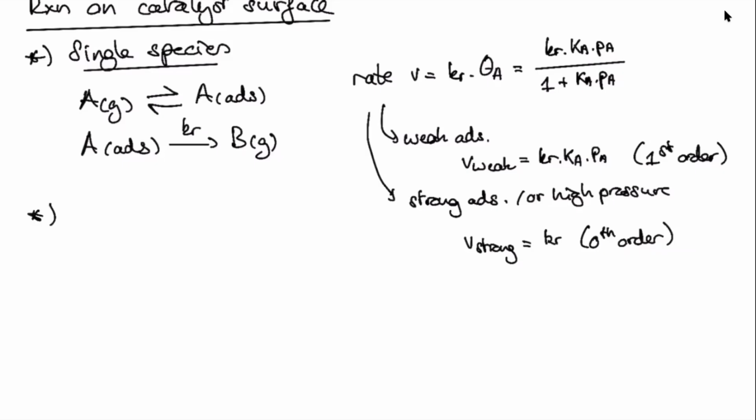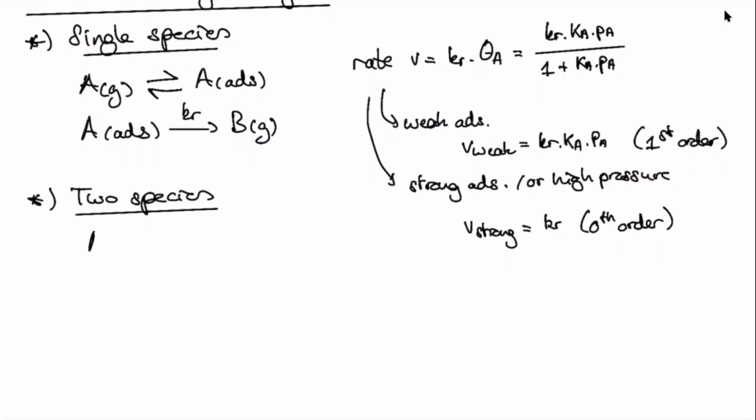Let's see if we have 2 species, which is, I guess, more realistic, right? When you are looking at reactions. So we have A in the gas phase in equilibrium with A adsorbed. We have B in the gas phase in equilibrium with B adsorbed.